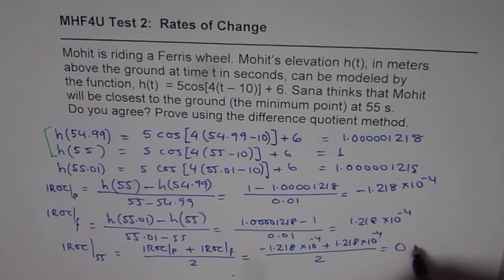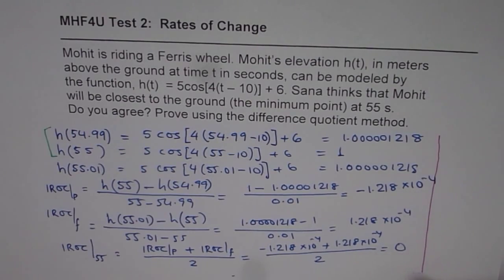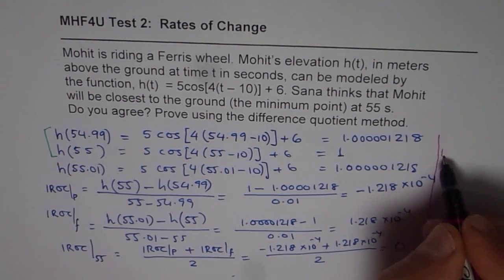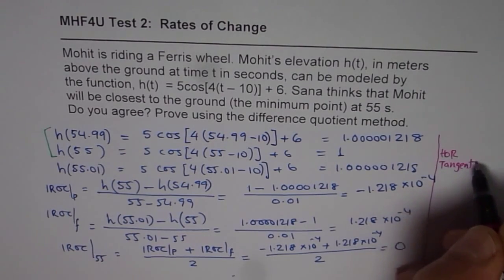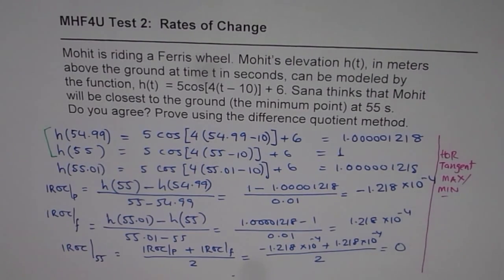This really means horizontal tangent. So let me describe this on the right side. We are looking for a horizontal tangent, right? That means it could be a maximum or a minimum. Both are possible.